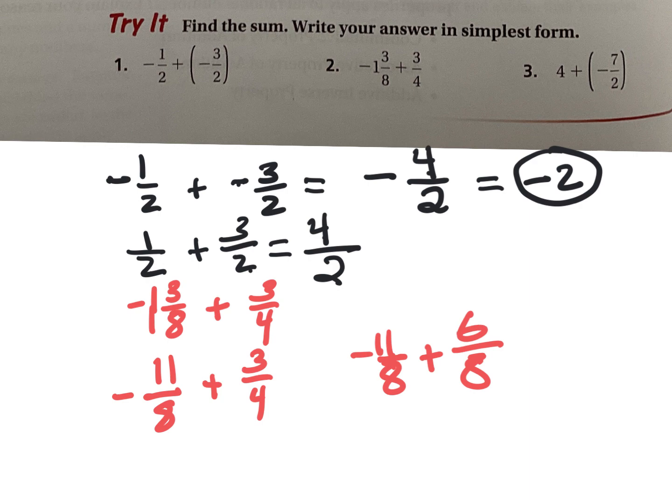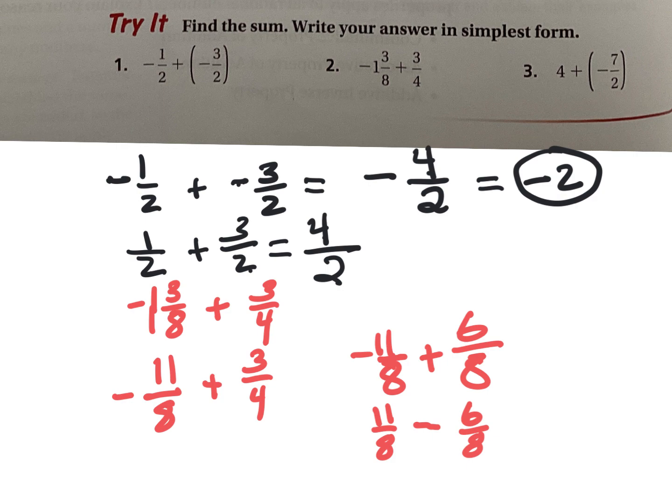All right, so now, because they're different signs, I'm going to get the absolute value, and the absolute value of this one is 11/8, and this one is 6/8. Then I've got to decide which one's bigger, and I know that 11/8 is bigger than 6/8. So I'm going to take the 6/8 away from it.